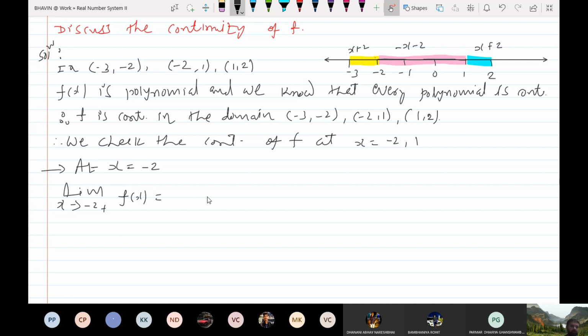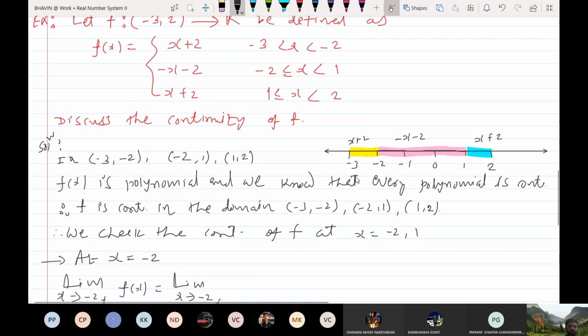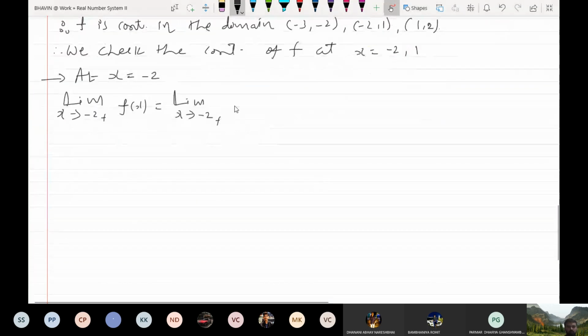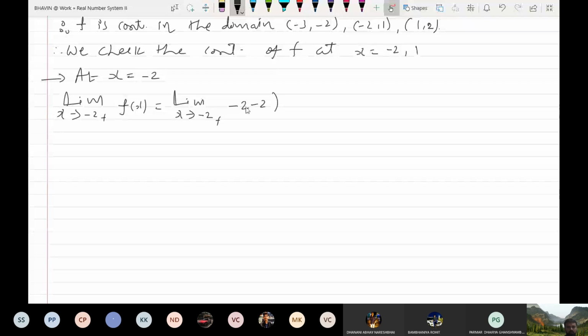Now if I take x tends to minus 2 plus f(x), x is bigger than minus 2, since we are approaching minus 2 from the right. So if I approach minus 2 from the right, then your x is in this pink portion. Pink portion is from minus 2 to 1, and from minus 2 to 1, f(x) has value minus x minus 2. So here I should write minus x minus 2.